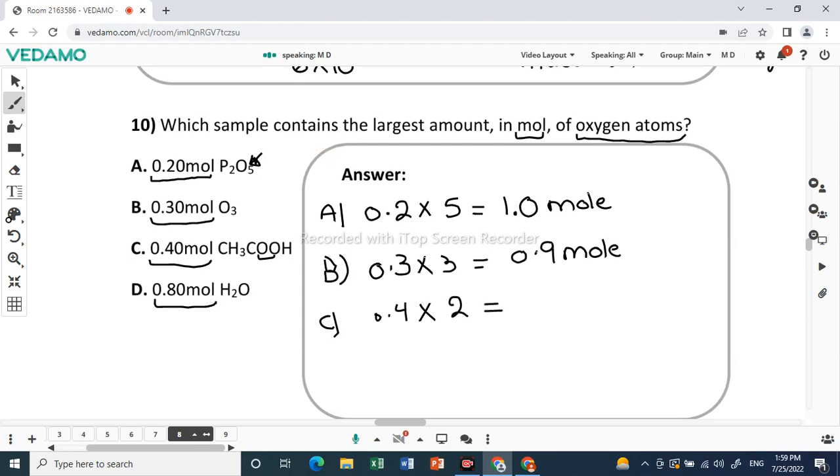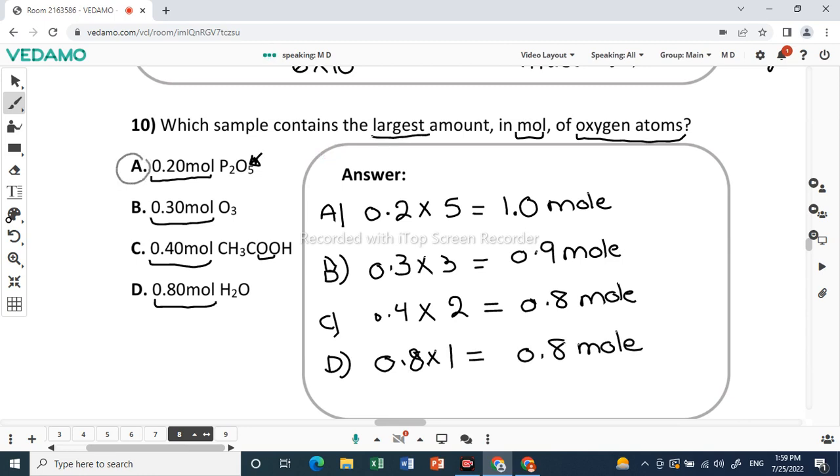So your final answer is 0.8 mole. Finally, I have the D, which is 0.1 multiplied by 1. So your final answer is 0.8 mole. So the largest is of course A.